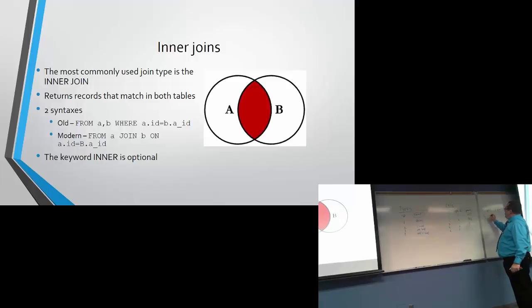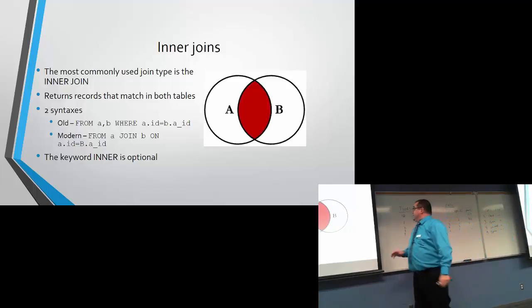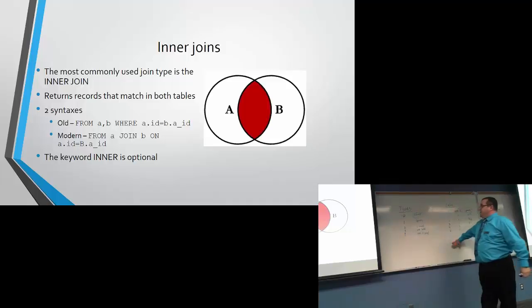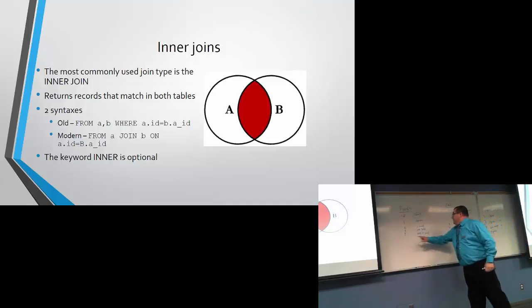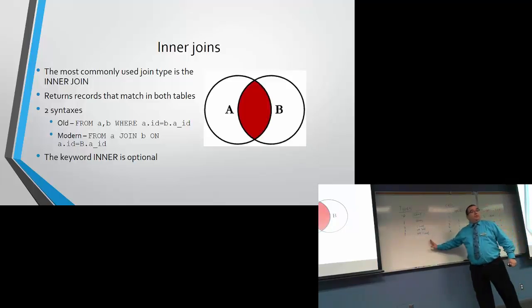I get 2 closed, 555. 3 open, 555. 4 on hold, 555, and then 5 open, 555. Because that's the way these tables are set up. These are the pieces of data they have in common. As you noticed, type 4 doesn't show up in this table. Therefore, it doesn't exist in both tables.